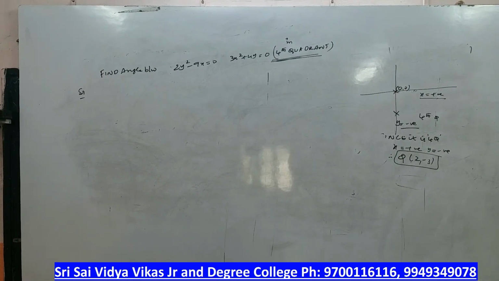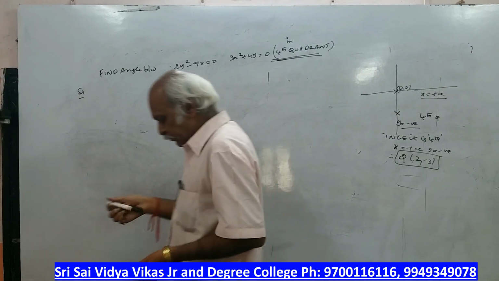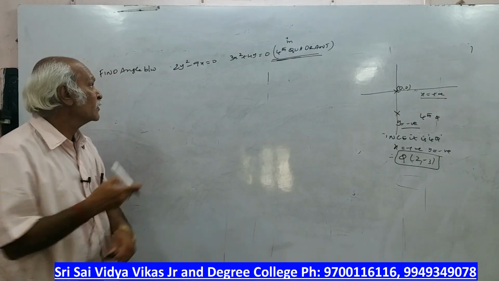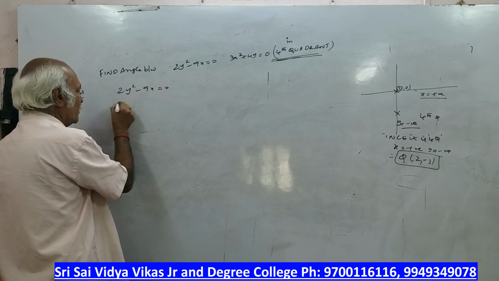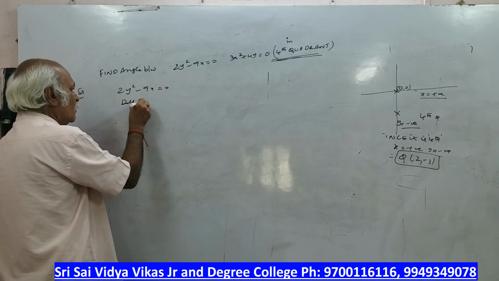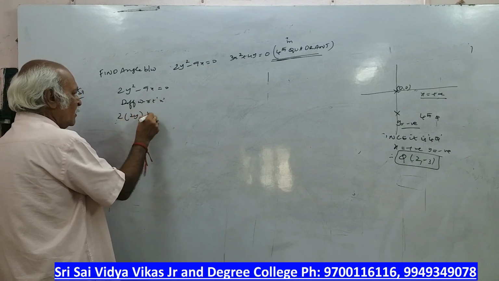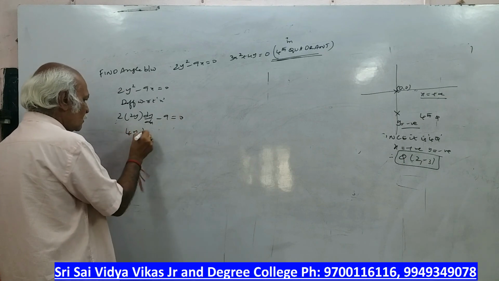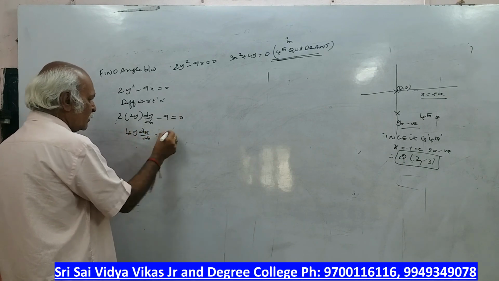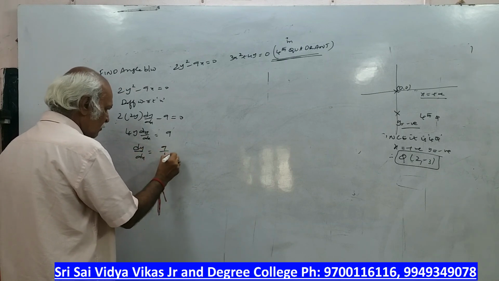We have to find M1 and M2, right? Now Q point we have considered, the reason is I told you, fourth quadrant. Now what are the equations? So derivative: 2 into 2y into dy by dx minus 9 is equal to 0, so dy by dx is equal to 9 by 4y.